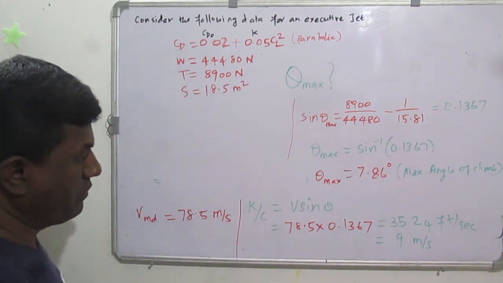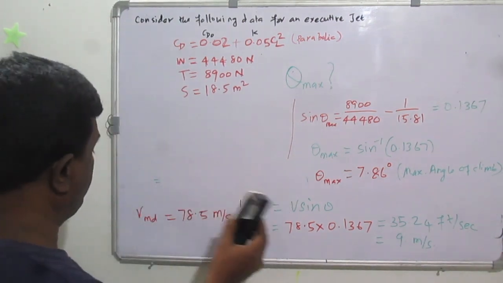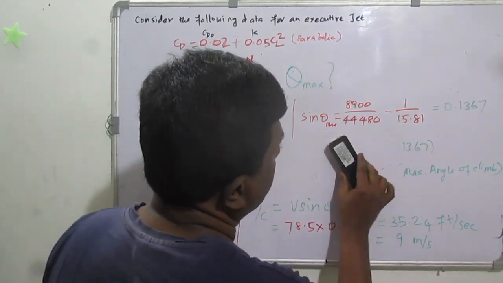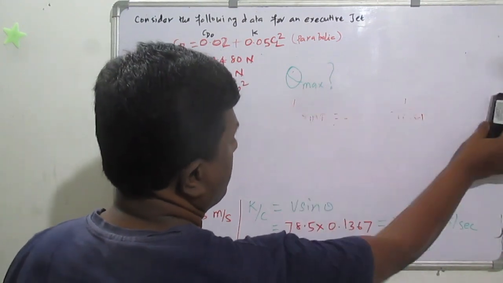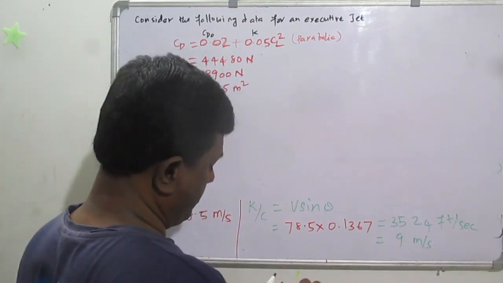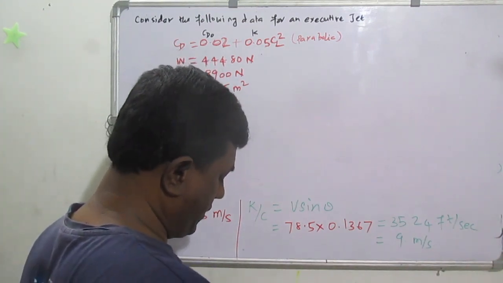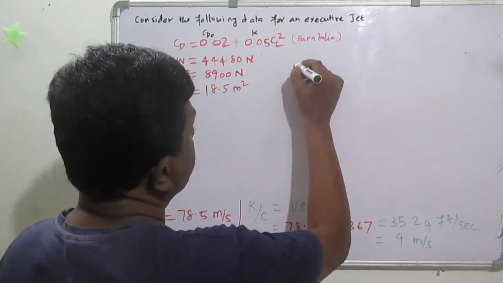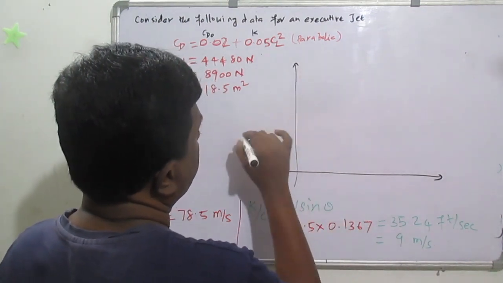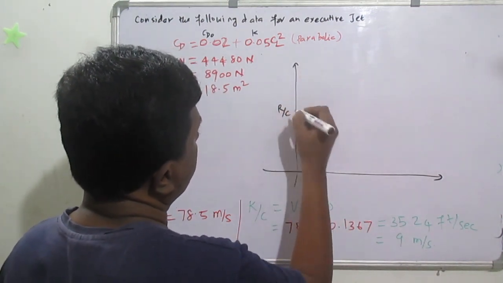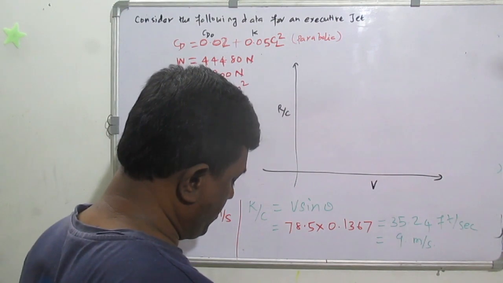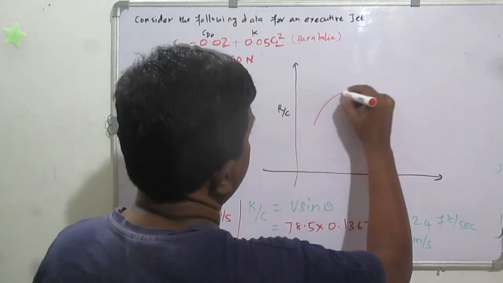What we have to understand from the given graph is this: rate of climb against velocity. If you draw this graph, we used to have something like this.